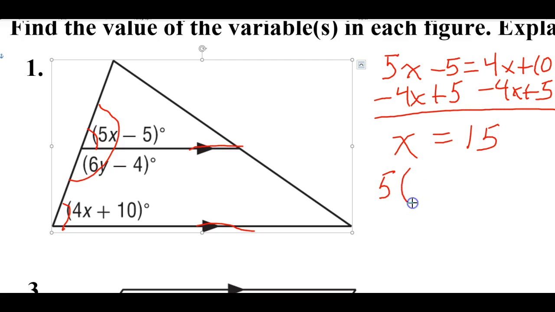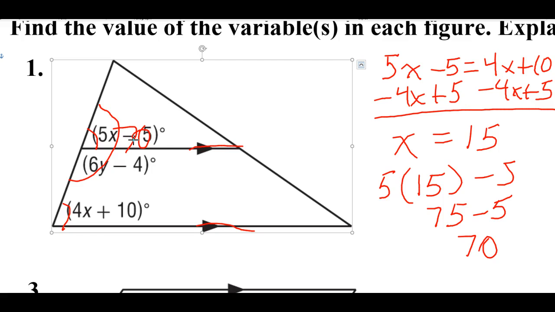Okay, so that angle is 5x minus 5. 5 times 15 minus 5. So that's 75 minus 5 is 70. Okay, so we have this angle here is going to be 70. This angle here is its supplement, so that angle must be 110 degrees.